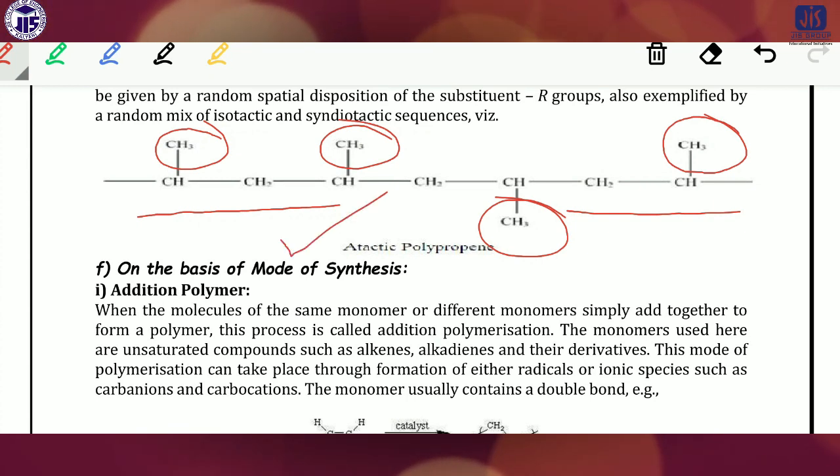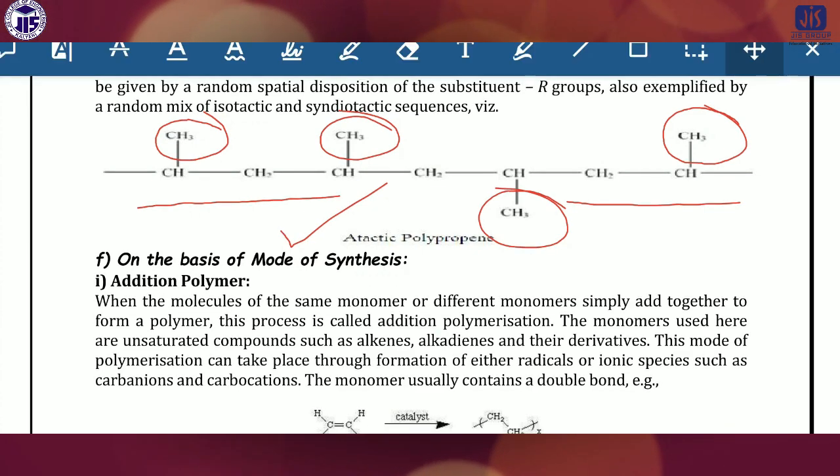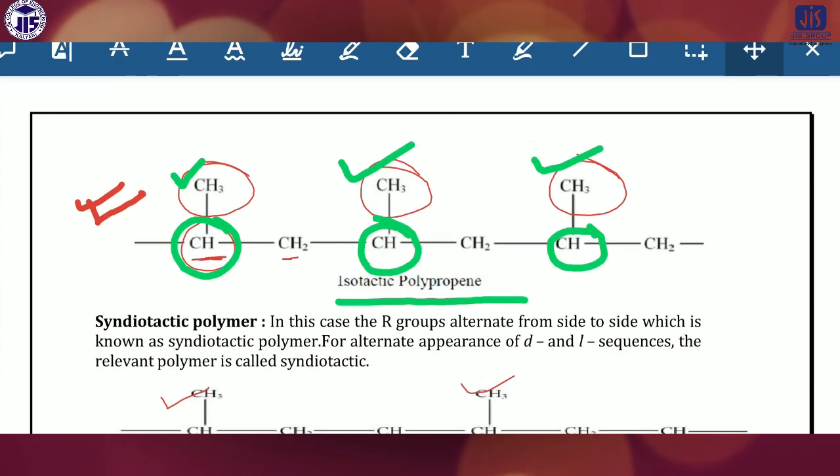So depending on the tacticity, there are three kinds of polymer you have to keep in mind. This is another kind of classification of the polymer. Isotactic means all the methyl groups are present on one side of the polymer chain.